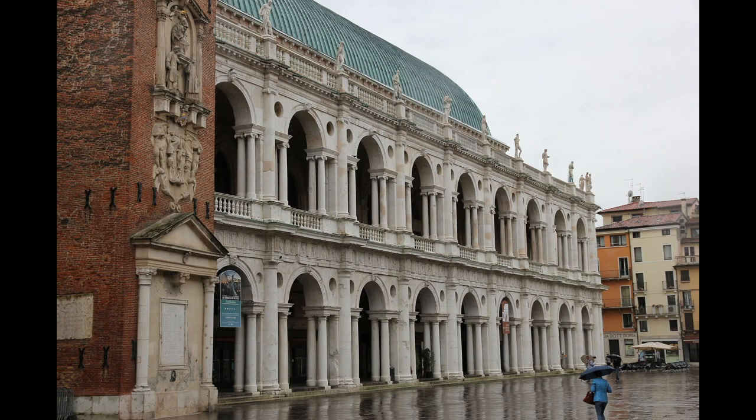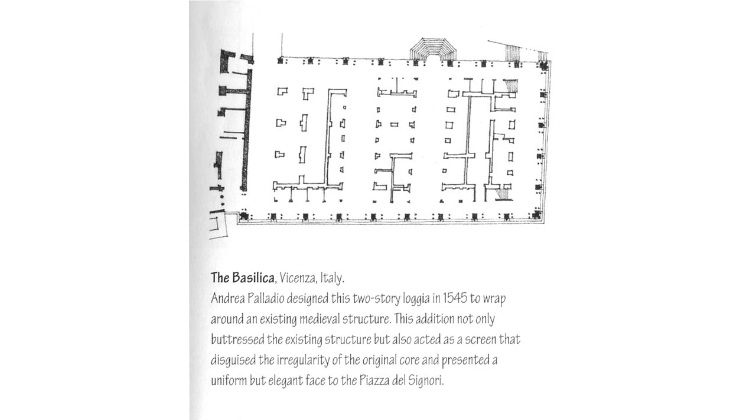This is another example. This is a facade of the Basilica in Vicenza by Palladio. It looks like a very regular facade. If you look at the floor plans, you actually see that the floor plan is skewed a bit, so it's not rectangular but skewed, which also means that the columns are actually not on regular intervals, but they change.